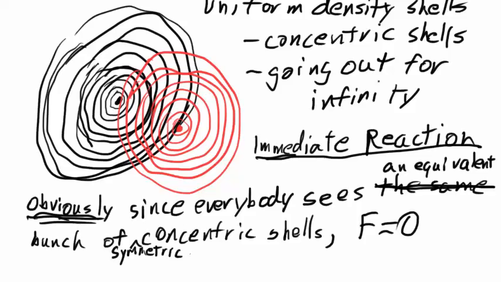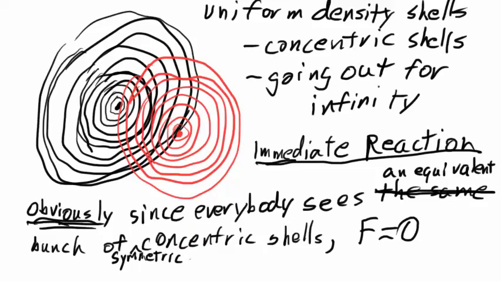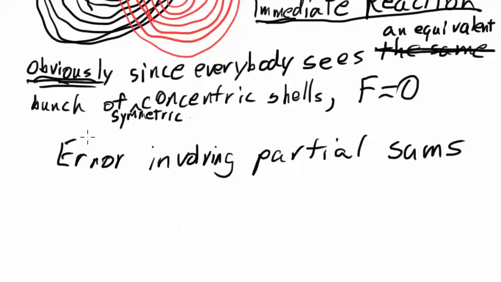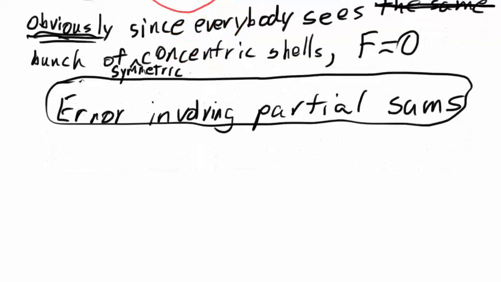We can integrate, but instead of integrating with the shells, which could lead to some kind of possible error involving partial sums, I'm going to use concentric cylinders. But first, let me talk about what could be an error involving partial sums.